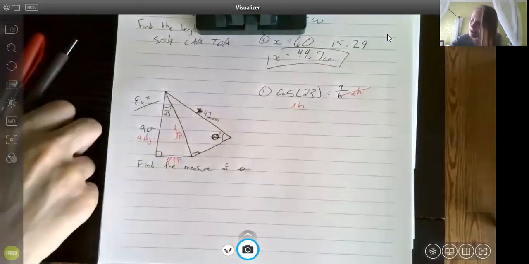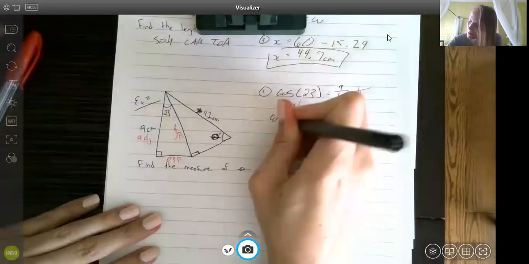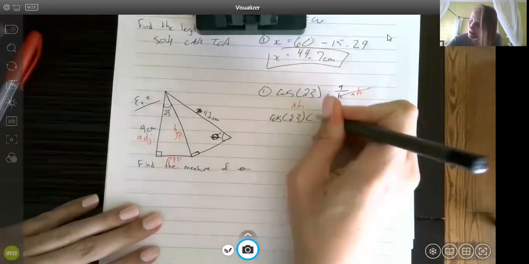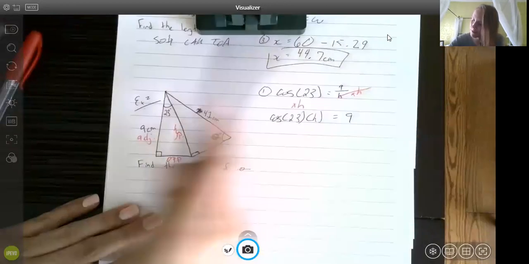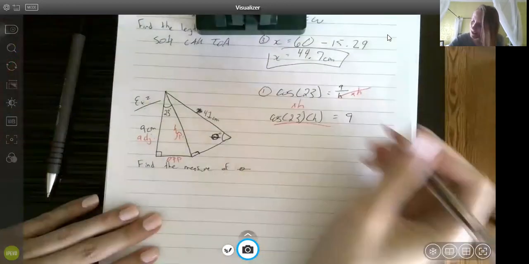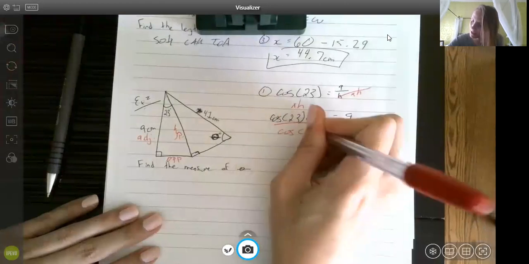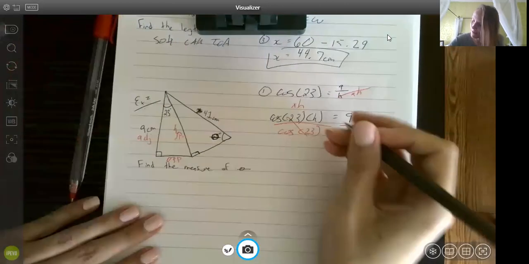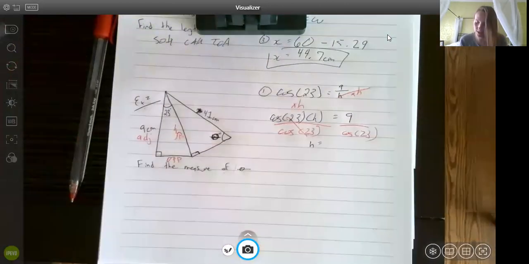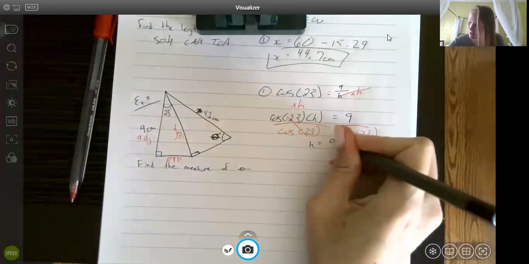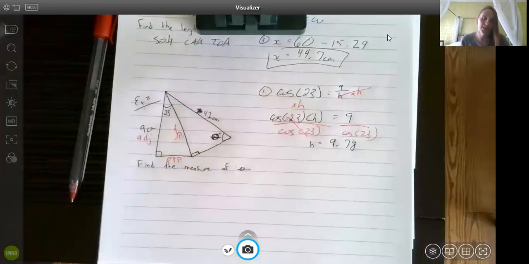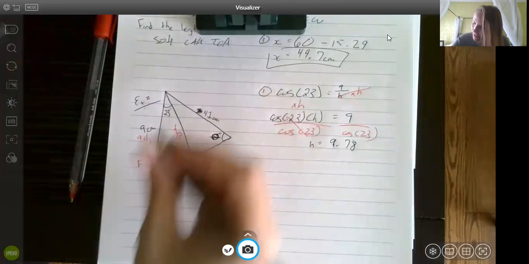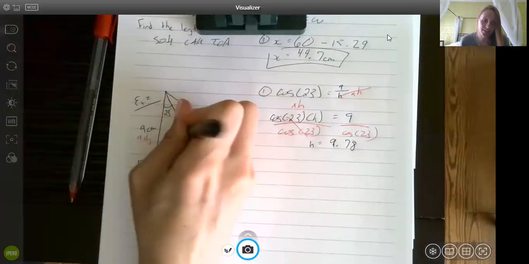That leaves me with the cosine of 23 times h equals 9. And so, of course, in order to isolate the h, I need to divide by the cosine of 23. So 9 divided by the cosine of 23 gives me 9.78 approximately. Okay, so this side is now 9.78.